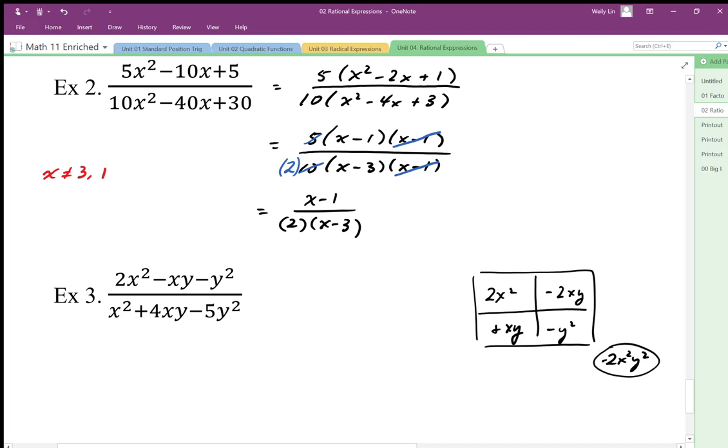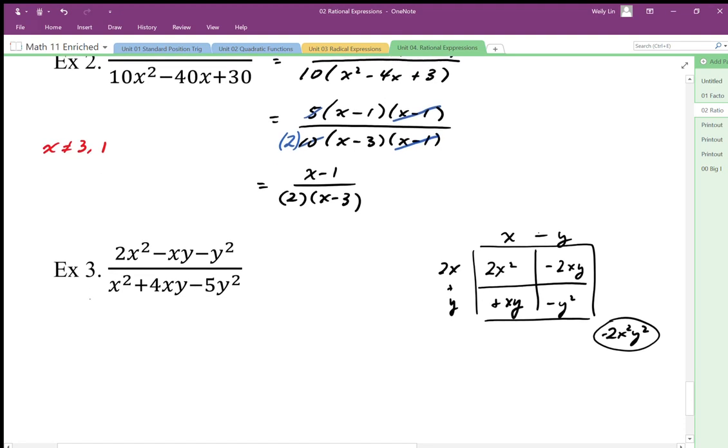Okay, so that cross diagonal product will equal the same as the cross diagonal product I found here. So factoring this, I end up with 2x. This looks like it's going to be just y. Here it's going to be just x. And this looks like it's negative y. Okay, so I end up with 2x plus y and x minus y.